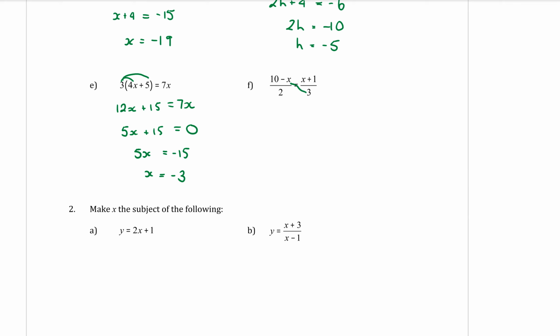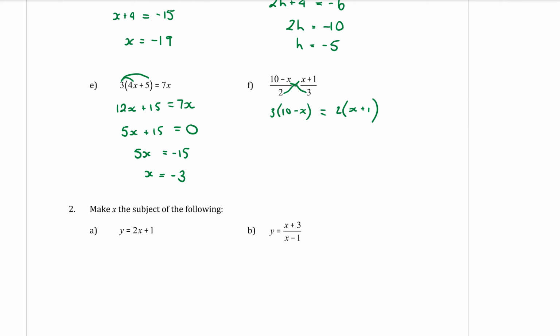So the 3 multiplies with the top of the first side, so 3 bracket 10 minus x equals in between, and then cross multiply the other way. 3 bracket x plus 1. Brackets, we're going to have to expand them out.